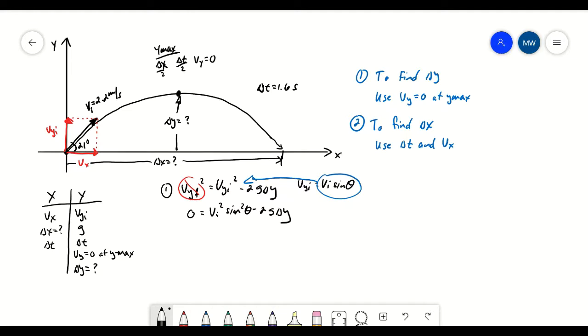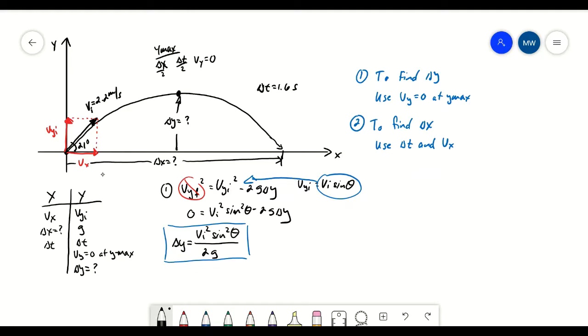Then all we need is a little bit of algebra to rearrange this: delta y equals Vi squared sine squared theta divided by 2g. So this equation will solve to find what our height is supposed to be equal to.